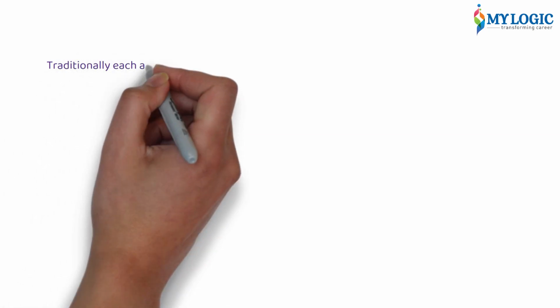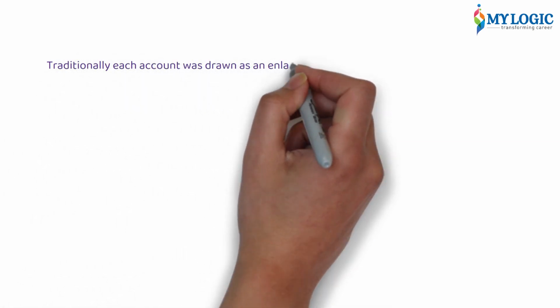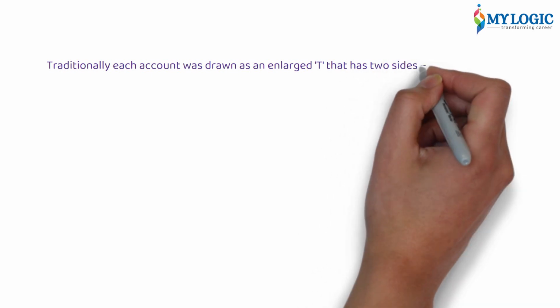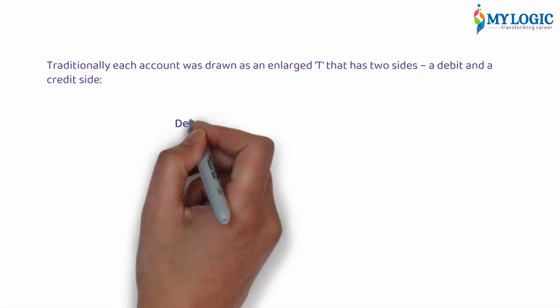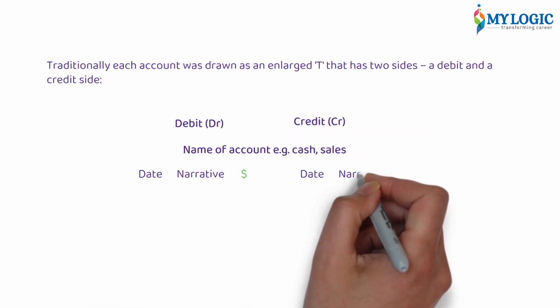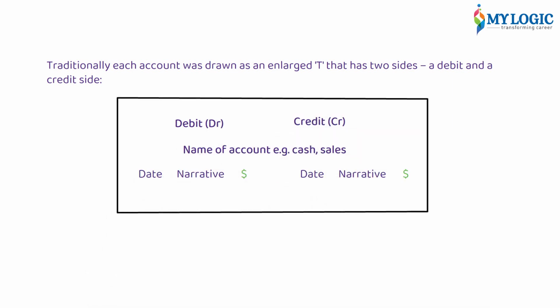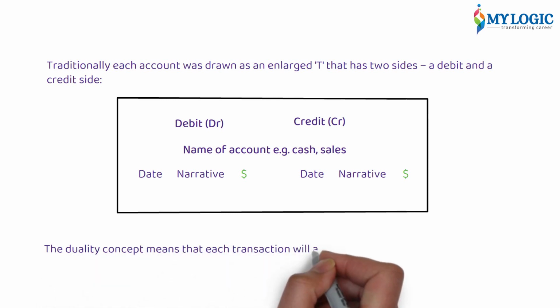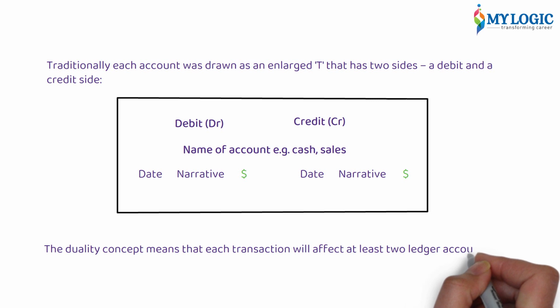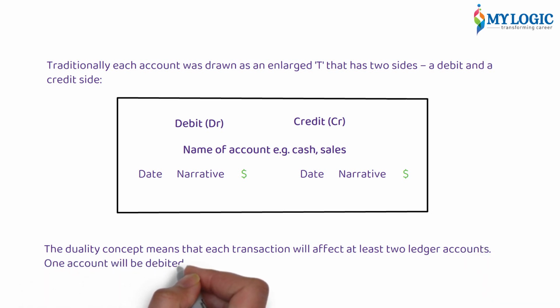Traditionally, each account was drawn as an enlarged T that has two sides, a debit and a credit side. Let us look into a pro forma. The duality concept means that each transaction will affect at least two ledger accounts. One account will be debited and the other credited.